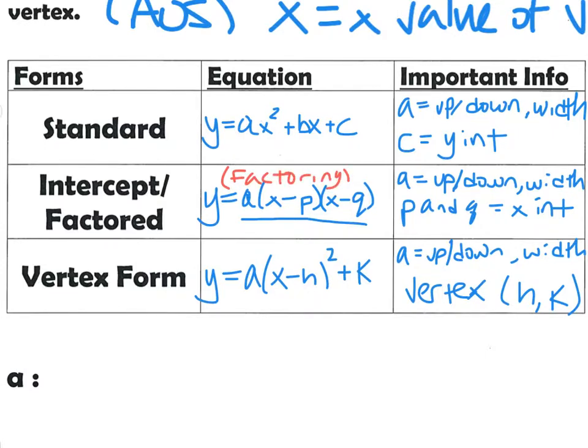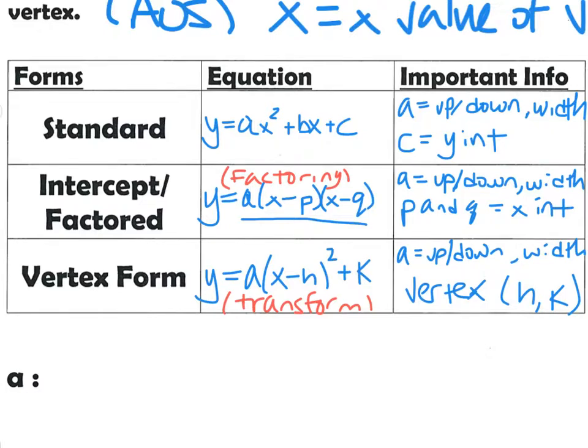And vertex form connects with transformations. When we talked about reflecting over the x-axis, when we talked about vertically stretching, vertically compressing, moving right, left, up, and down. So vertex form is the form I would use if I'm thinking of it in more transformations.